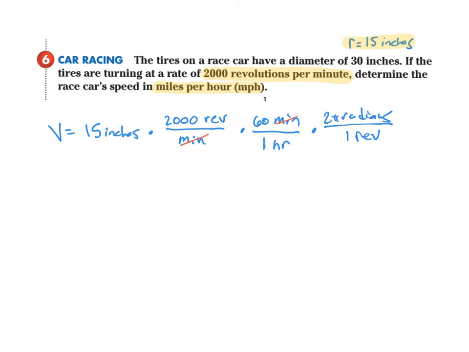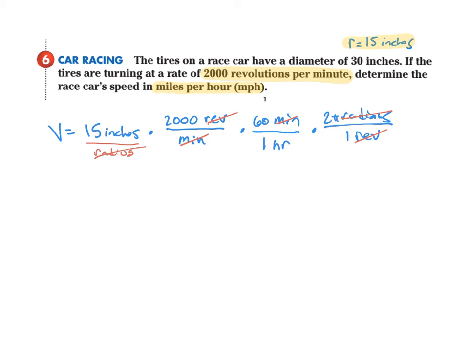And remember, there's 15 inches in 1 radian, 1 radius. So that radian is going to cancel too. So check this out. The revolutions cancel here, and then the radians cancel with the mysterious radius that's written down here, right? 15 inches is my radius. So that guy's gone.